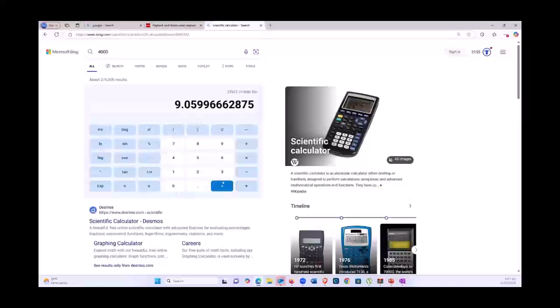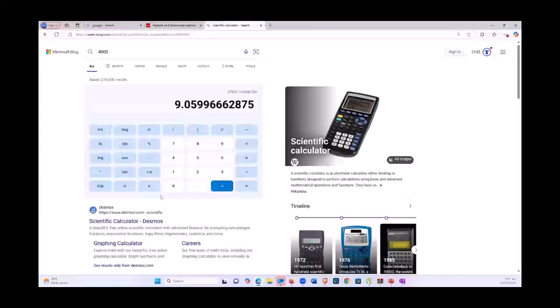So if you add 9.06 to 10, it will be what? 19.06. Yeah, I got 19.05. 19.05, 19.06. Yeah.